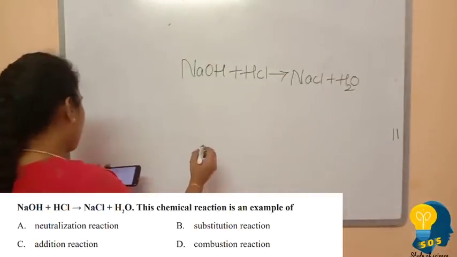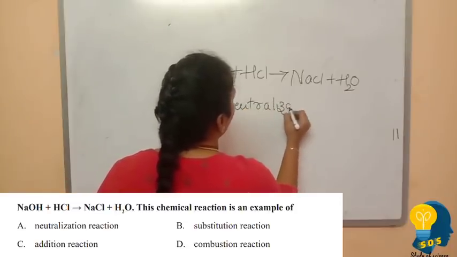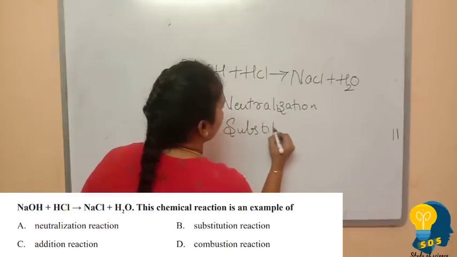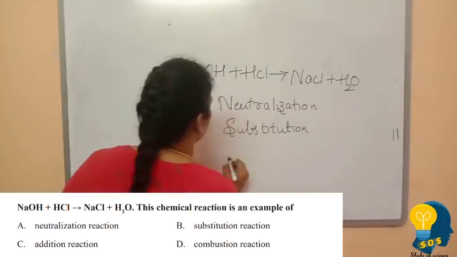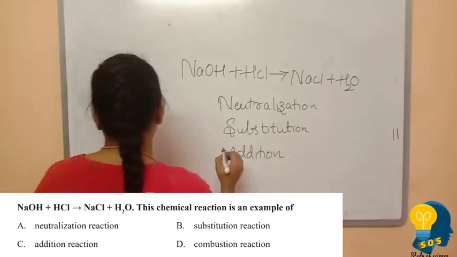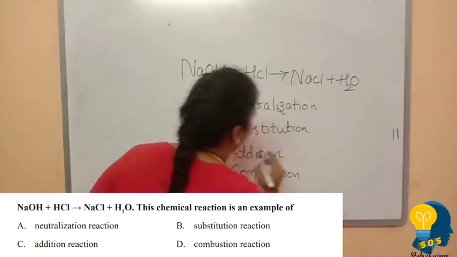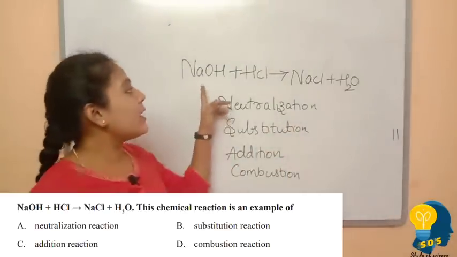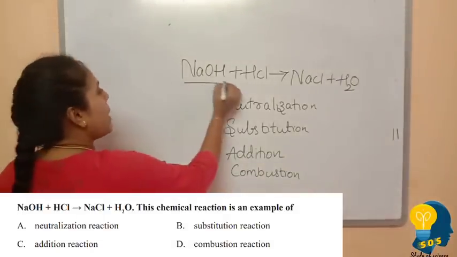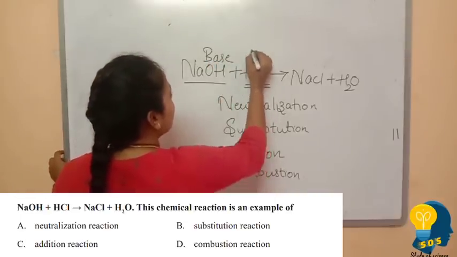The options given are: option A, neutralization reaction; option B, substitution reaction; option C, addition reaction; and option D, combustion. You have to identify which type of reaction this is. When you look at this equation, NaOH is the base and hydrochloric acid is the acid.